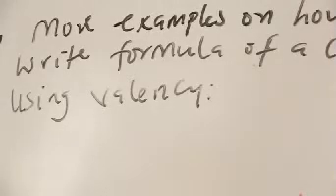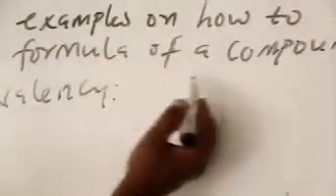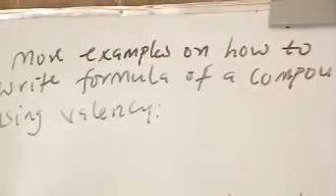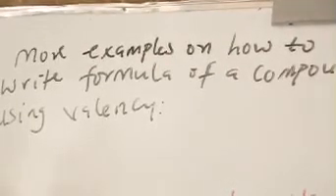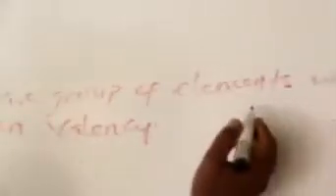In this video, we will learn more examples on how to write the formula of a compound using valency. But before we go on to solving more problems in this topic, let us look at radicals. What are radicals? Radicals are groups of elements with a common valency.